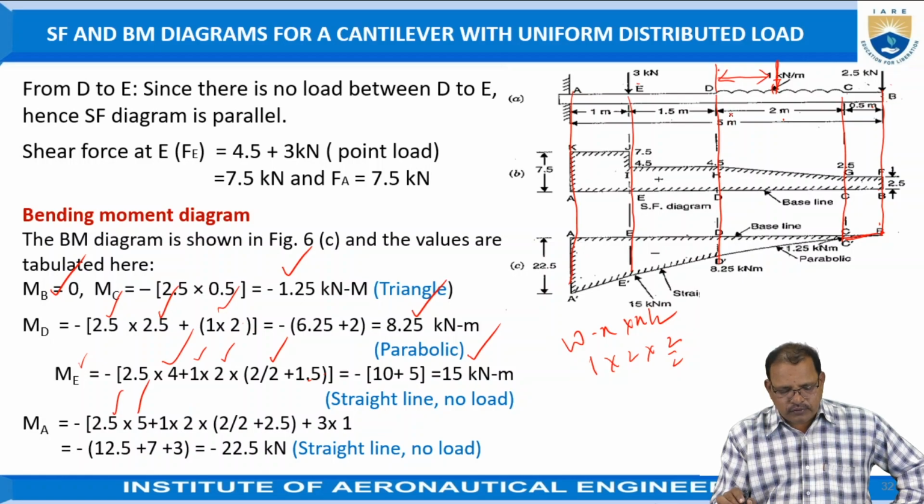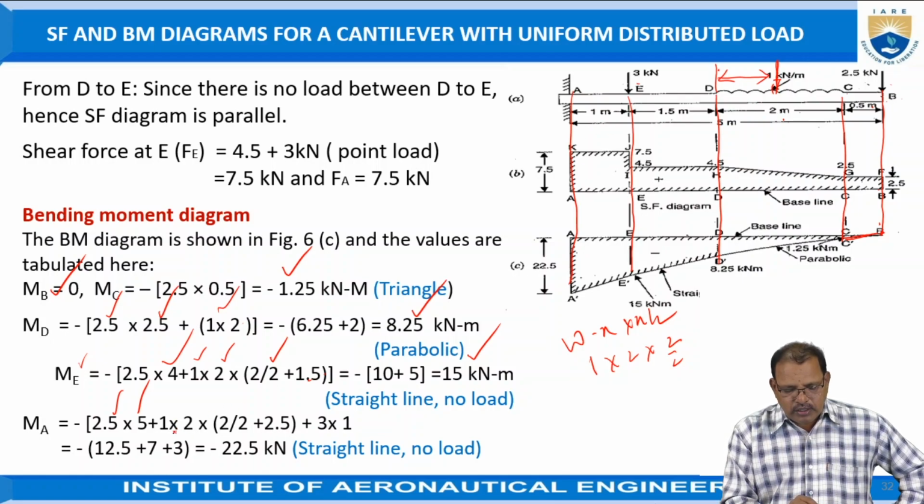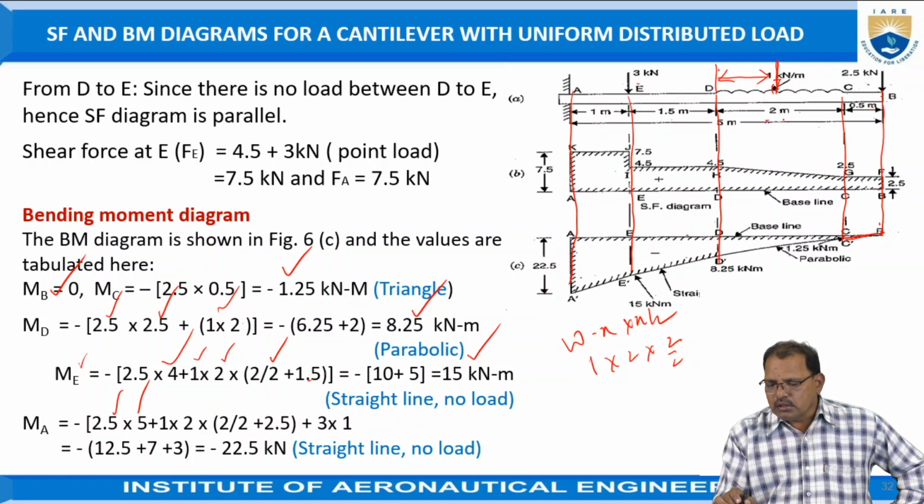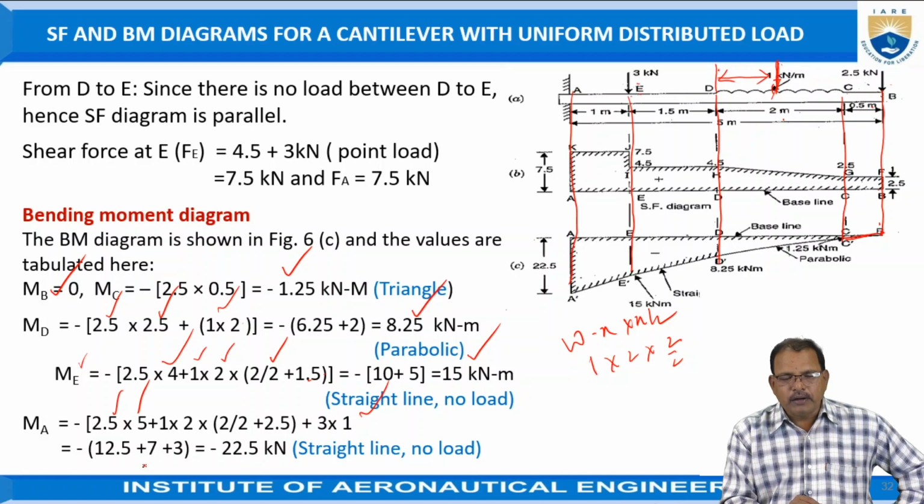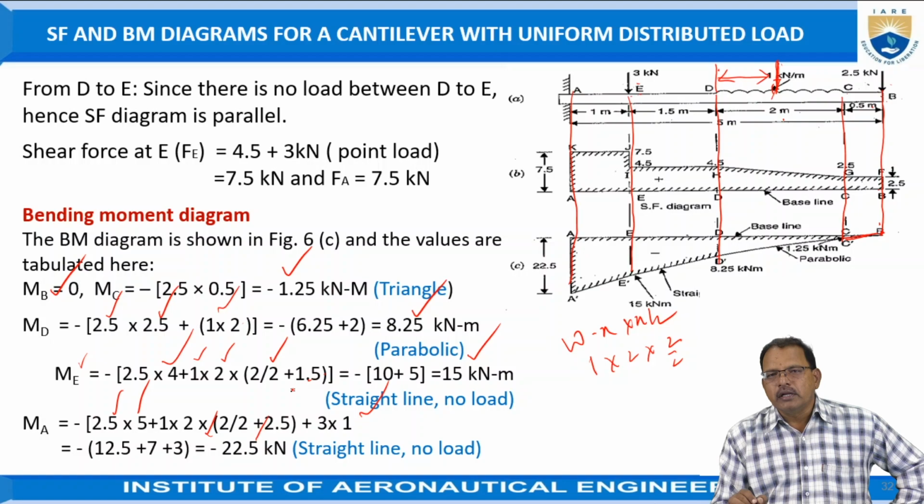And the effect of uniformly distributed load is 1 into 2 into 2 by 2, plus 2.5, plus the point load of 3 into 1 meter. From this relation we got 12.5 plus 7 plus 3, which is equal to 22.5, negative because of hogging effect.